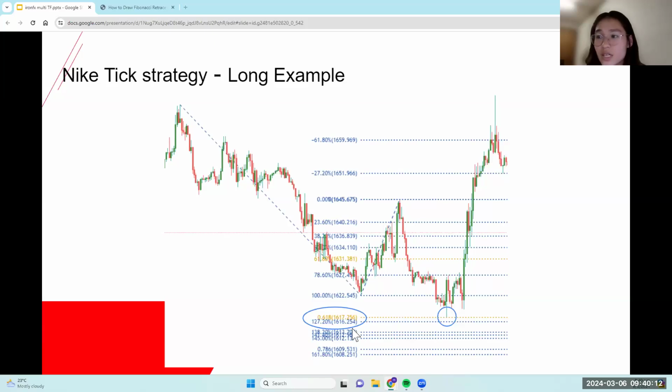It bounced off this confluence area, which is the 127.2 Fibonacci extension or Nike tick, and then we also have this 61.8% Fibonacci projection. Just to recap, the starting point here, middle point here, and ending point here. It lines up and we can see price shot up after that.